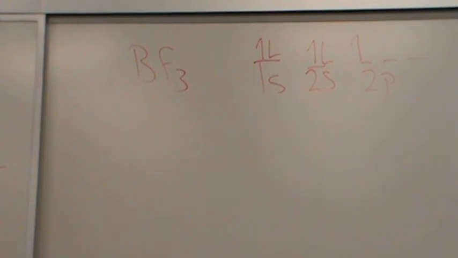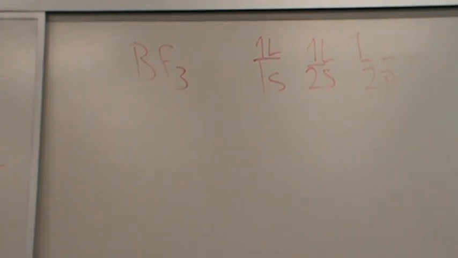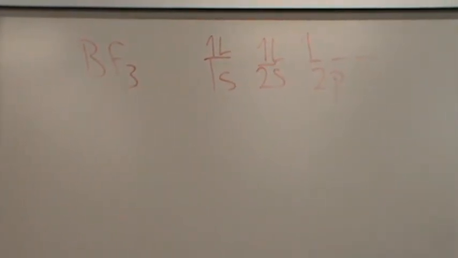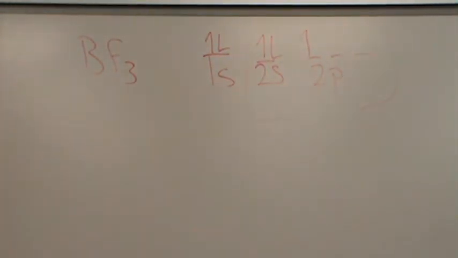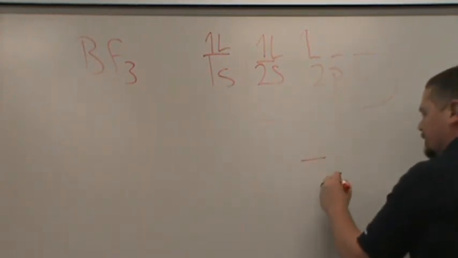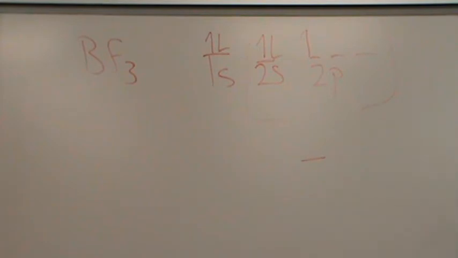Now with this one, we need to have 3 unpaired electrons so it can bond to the fluorine atoms, right? So we're going to take, once again, the electrons from the valence shell, the 2s. Definitely going to need to have that s sublevel.